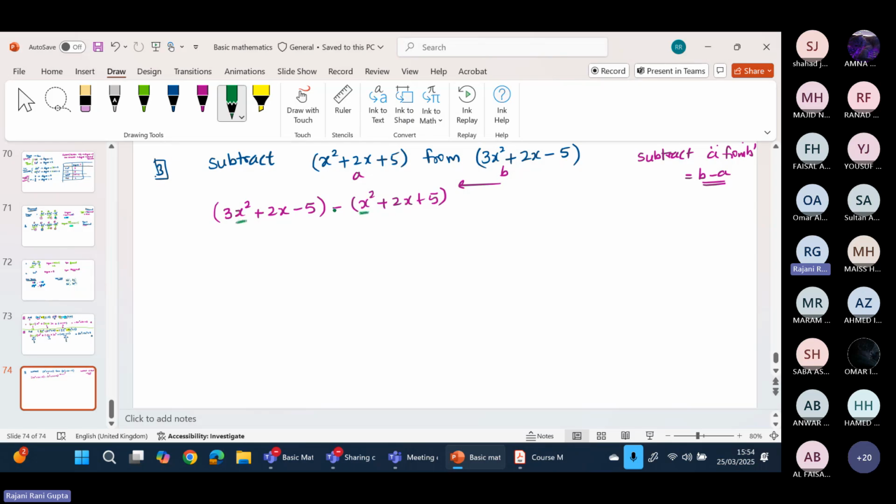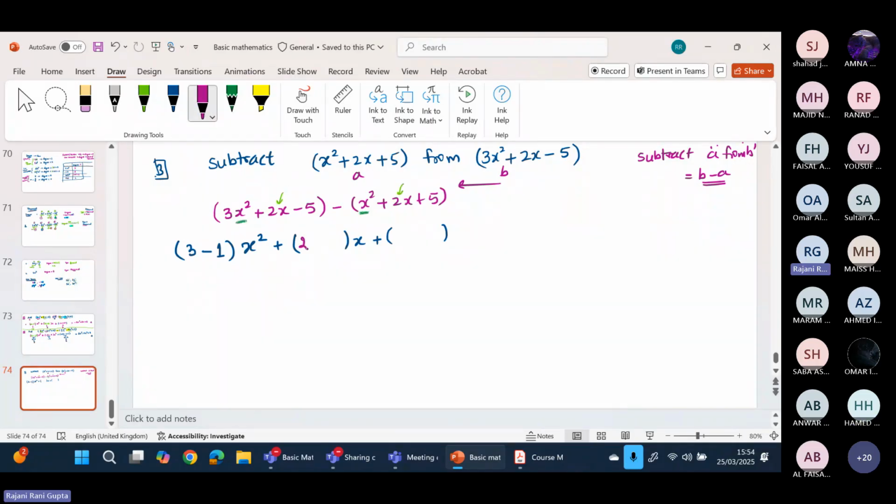We have x power 2, so we will write x power 2 and the numbers with it. Here it is 3 minus, there nothing means 1, plus. We write the terms with x and the numbers. Okay, with x. What you get with x? This is the term with x.